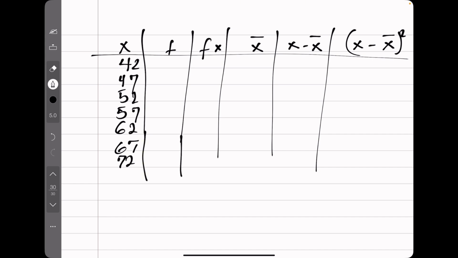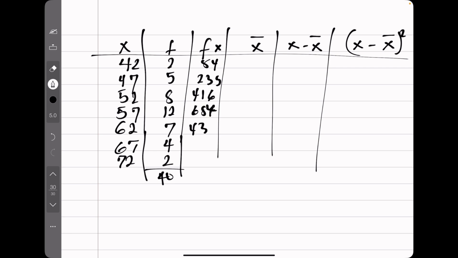So our frequency is 2, 5, 8, 12, 7, 4, 2, and everything gives you 40. Our fx is 84, 235, 416, 684, 434, 268, 144.